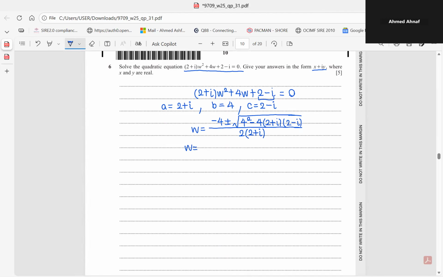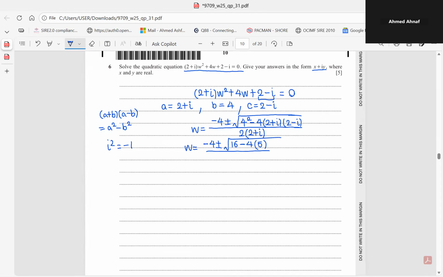Okay, so we get minus 4 plus or minus square root of 4 squared, which is 16, minus 4 times (2 plus i)(2 minus i). It is in the form (a plus b)(a minus b), so you will get a squared minus b squared. Here it's 2 squared minus i squared, and we know i squared is minus 1. So 2 squared minus minus 1, 4 plus 1, which is 5.